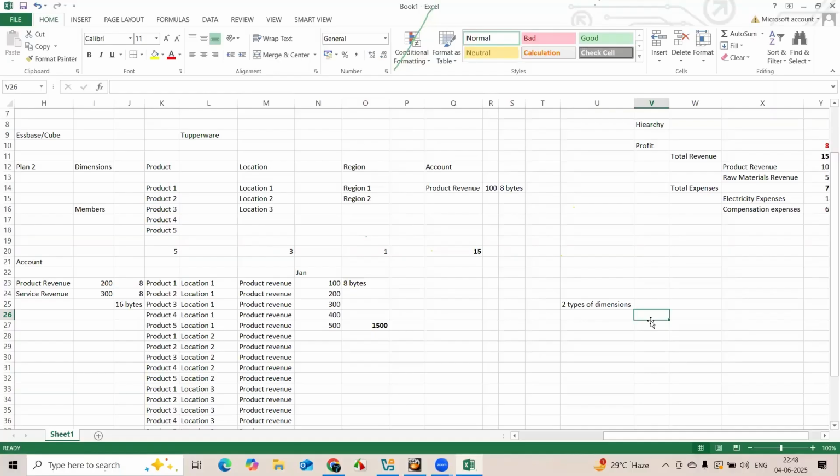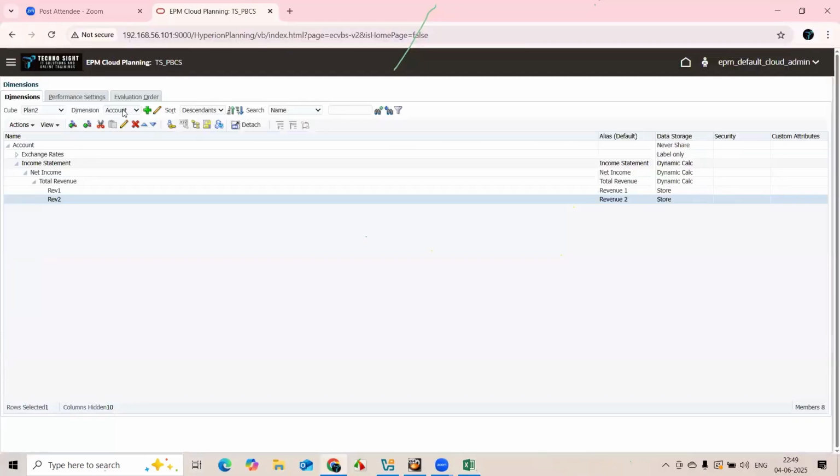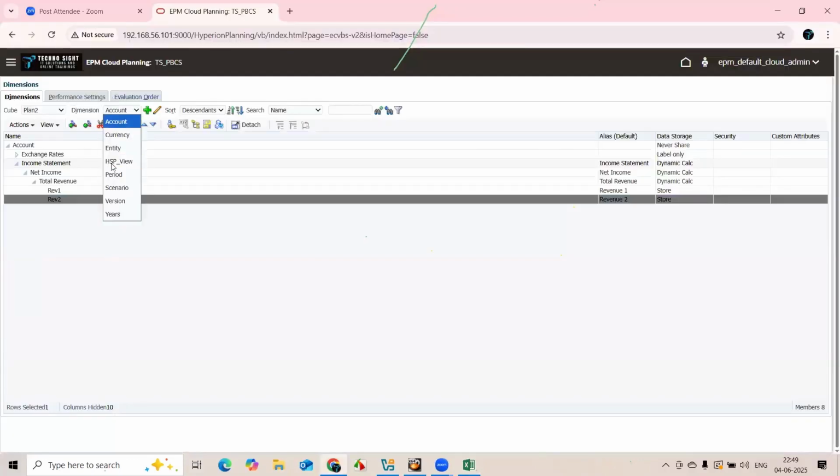In a similar manner, two types of dimensions are available in this space. So in these dimensions, there are two different groups. One group is called dense, and another group is called sparse. All the dimensions that are available, for example, in the plan to cube, I have these many dimensions, right?